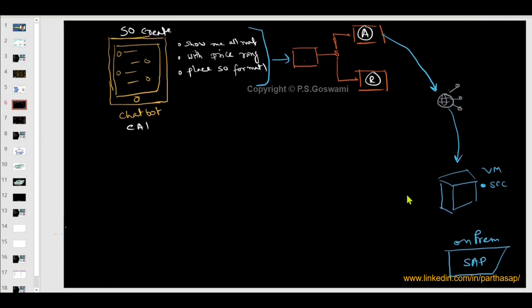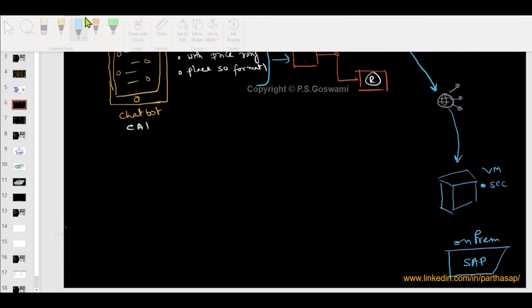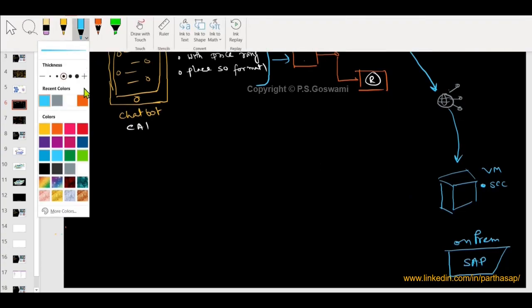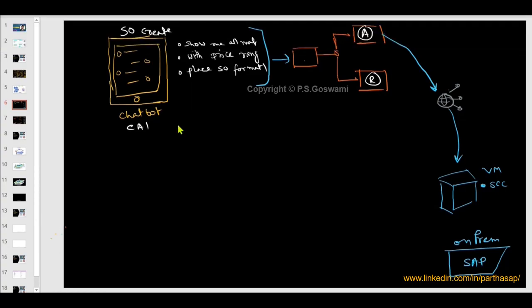Now the point is, let me bring some more points and bring your attention here. Let's say you wanted to build heavy business logic. So it's not a simple application.